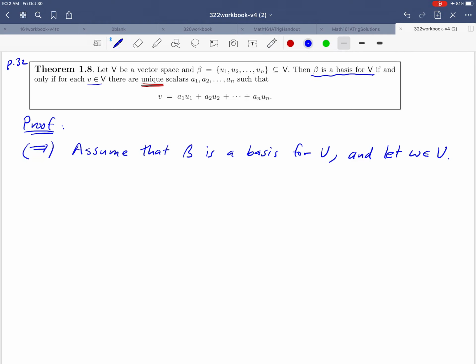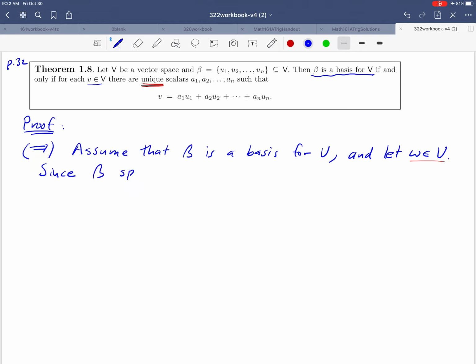We're trying to prove the part that comes after the if and only if, and that is that every vector in V can be written uniquely, and the key word again is uniquely, as a linear combination of the vectors in beta. Since we know that beta is a basis, one property that it has to have is that it spans V. So this vector w that we chose, we know that it's possible to write it as a linear combination of the vectors in beta. Let's make that statement.